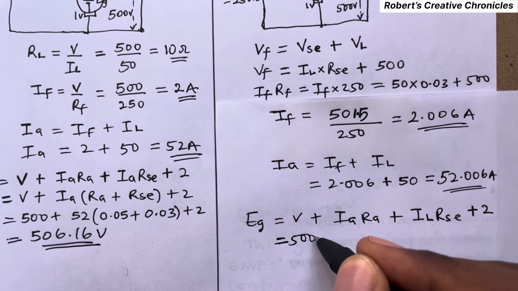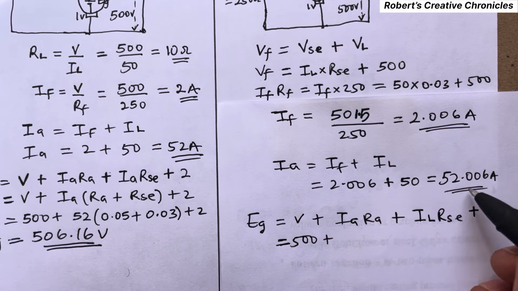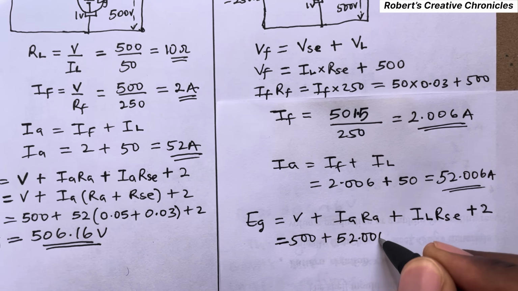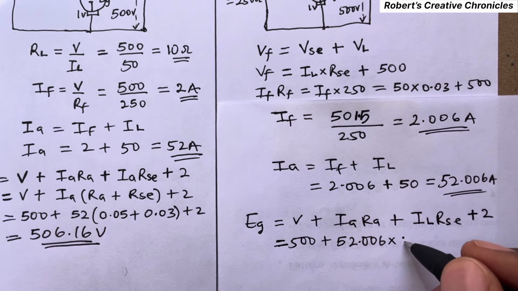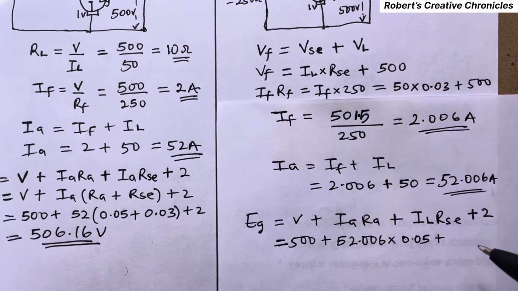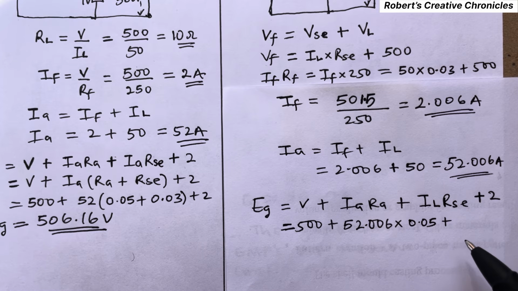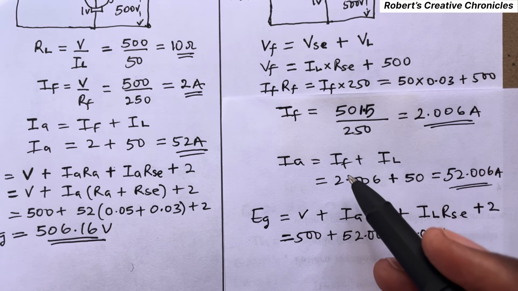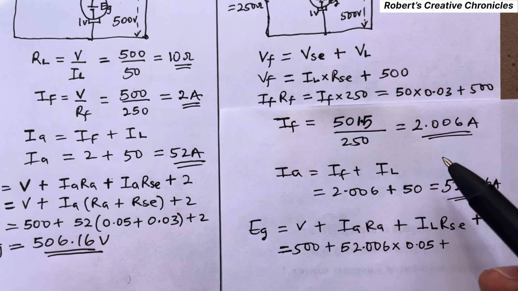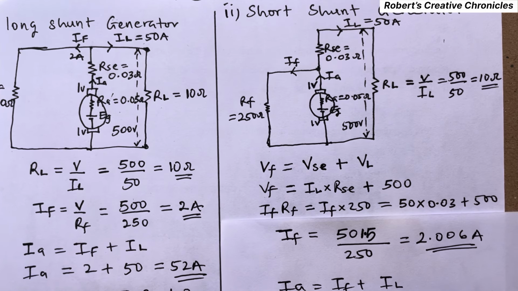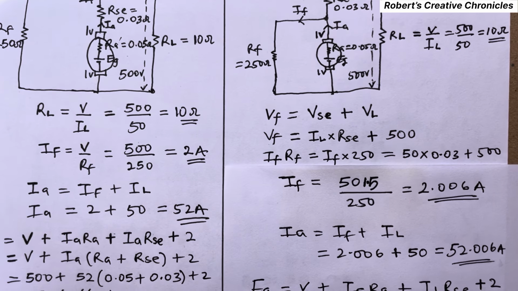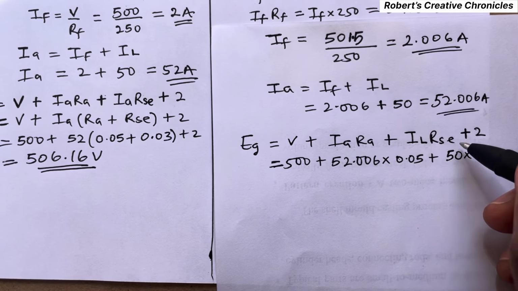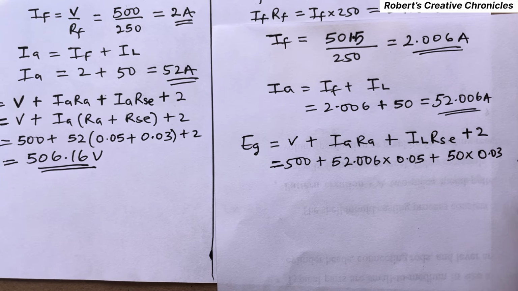This becomes 500 plus IA, which is 52.006, times RA, which is 0.05, then plus IL, which is 50 ampere, times RSE, which is 0.03, then plus 2.